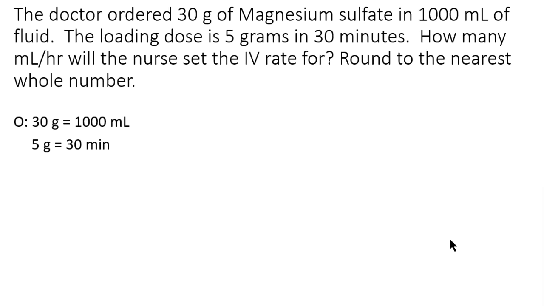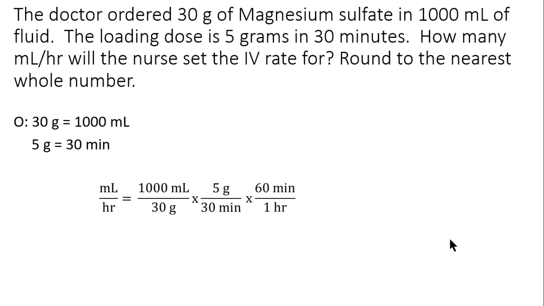Now, what are we looking for? The problem is asking us to find milliliters per hour. So we write milliliters per hour equals, we want milliliters on top, so we write 1,000 milliliters over 30 grams. We have to get rid of grams, so we multiply times 5 grams over 30 minutes. And we want our answer in terms of hours, so we multiply times the conversion ratio of 60 minutes over 1 hour.